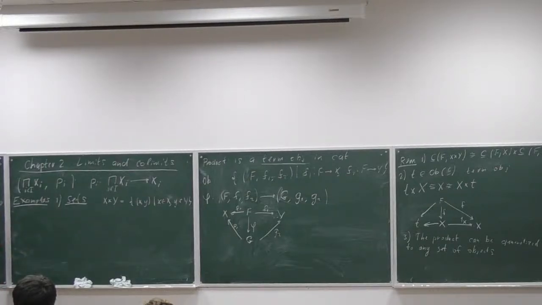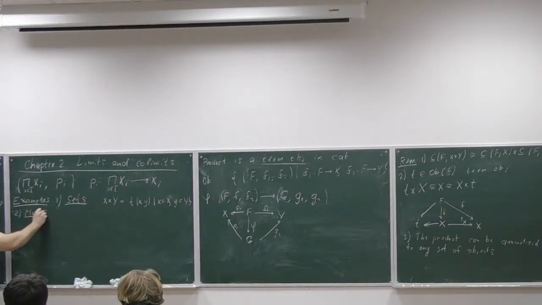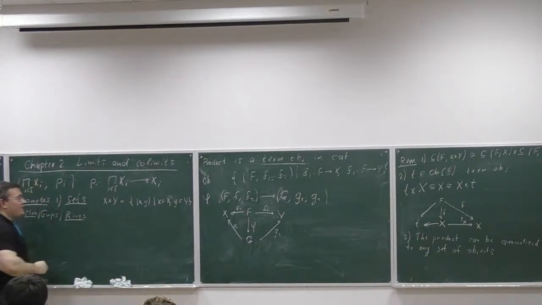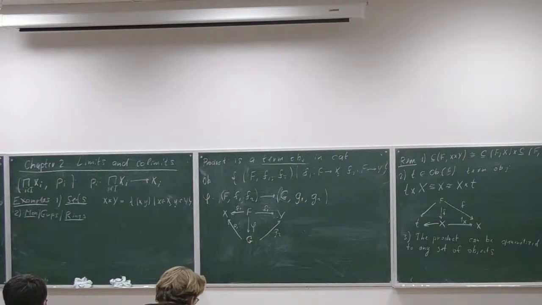Okay. Well, if you try to consider algebraic versions of this, the answer is still the same. So if you take monoids, groups, rings, then, yeah, how do you define ordered pairs if you just know set theory?